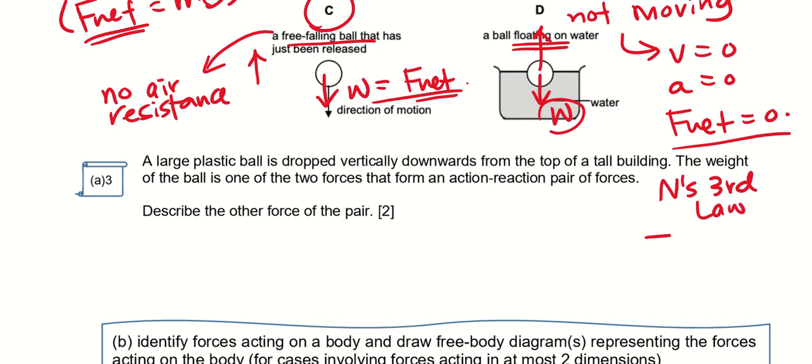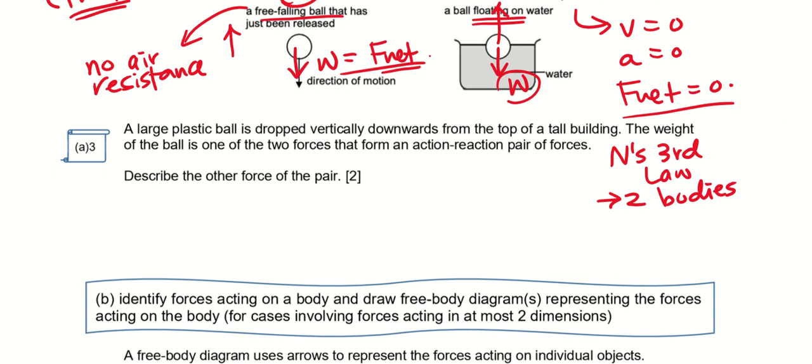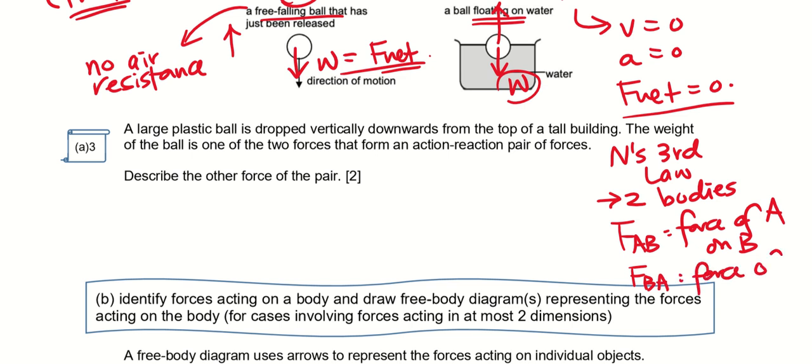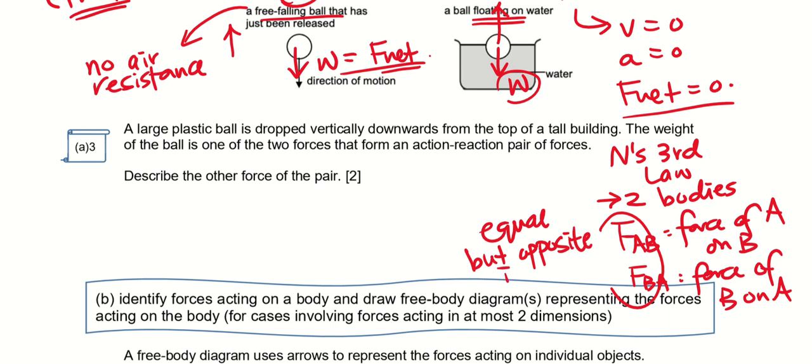Newton's third law simply means there must be two bodies, two different bodies, A and B. So F_AB means the force of A on B. And then we have F_BA, which is the force of B on A. And F_AB and F_BA must be equal but opposite in direction. This is very important. They must be equal but opposite in direction.